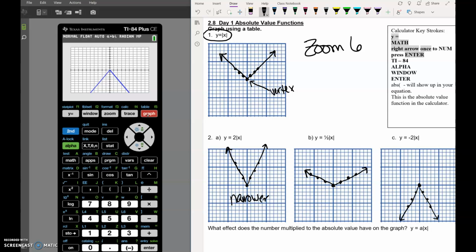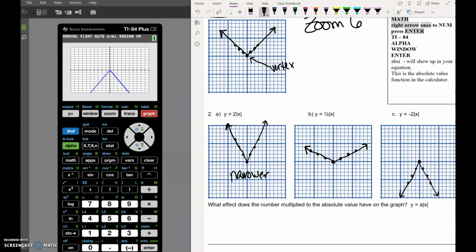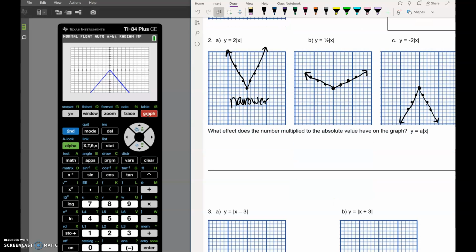So let's take a moment. What effect does a number multiplied to the absolute value have on the graph? They're talking about this A value. If there's an A value in front, if that A value is negative, the graph opens down. If the A value is positive, it opens up.